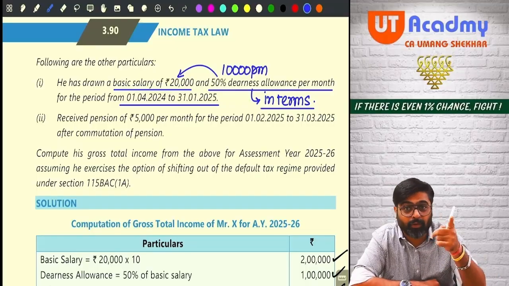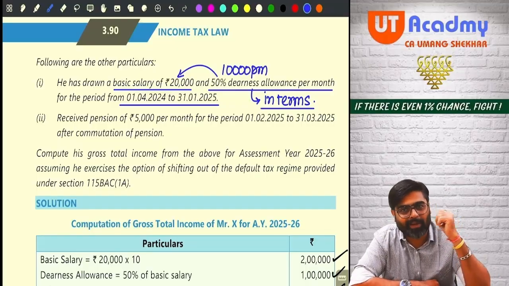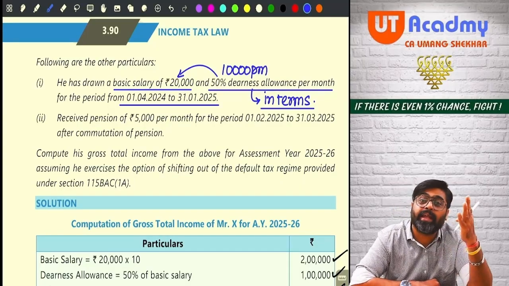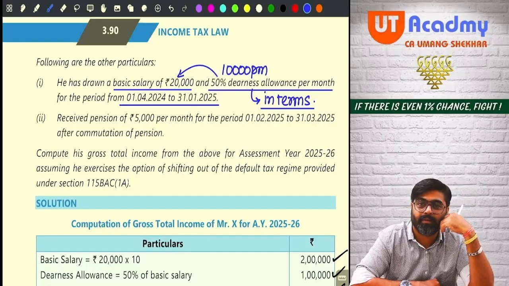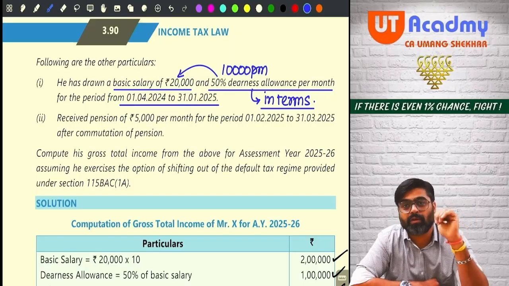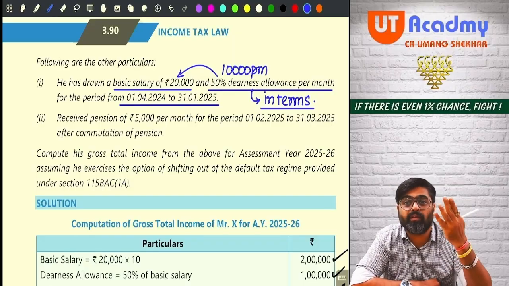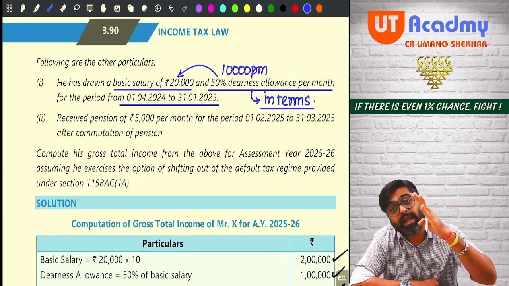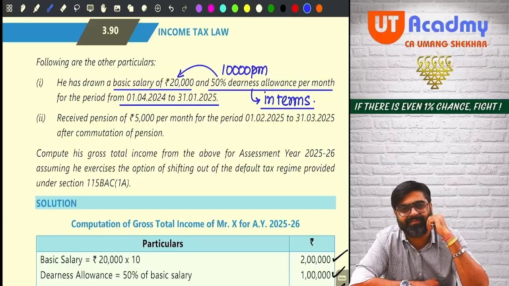But see, the institute is very smart. What does the institute do, you know? The institute has made the solution by taking DA not in terms. But in the end you will see they have also given a note that alternatively, if the DA was taken as in terms, then the answer would have been this much.